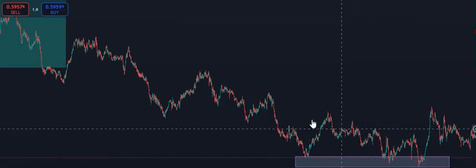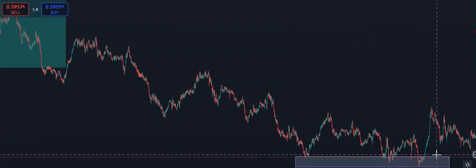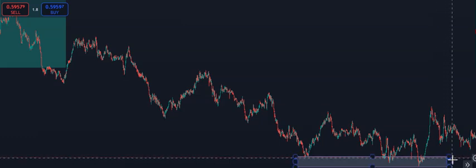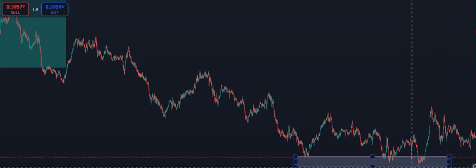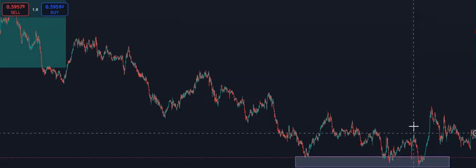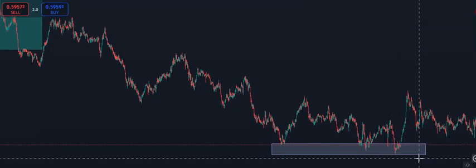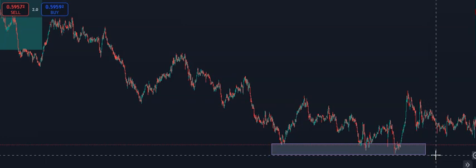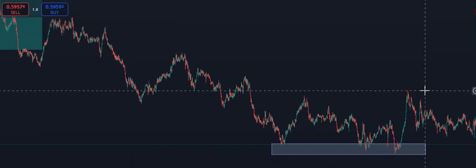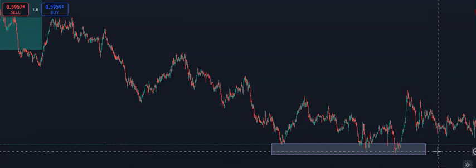So traders who are looking to buy have their orders somewhere here with their stop loss under these lows. And traders who want to sell also have their sell orders right here or their stops, somewhere here, looking to take a sell trade.